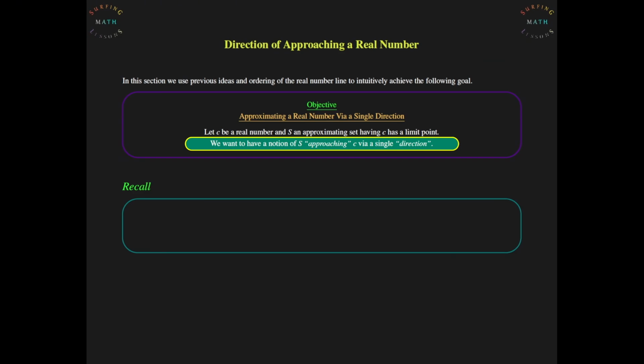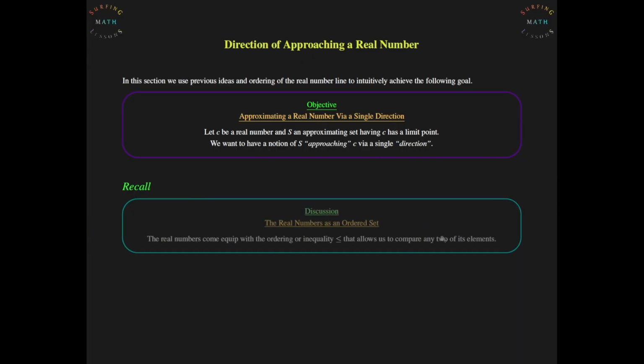I will first introduce an elementary way to define directions on the real line and then use it to achieve our goal. Recall that the set of real numbers is ordered via the inequality less or equal to. This ordering allows us to do many things. For example, comparing elements or enforcing a small error in a computation, or even encoding an infinite amount of data.